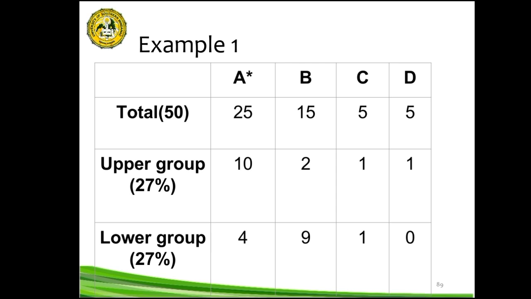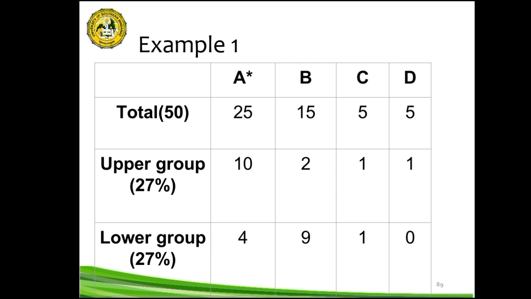Let's try to answer this example. So we have 50 total students. 25 students answered letter A, 15 students answered letter B, 5 students answered letter C, and 5 students answered letter D. To select our upper and lower group, we need to get the 27% of 50.